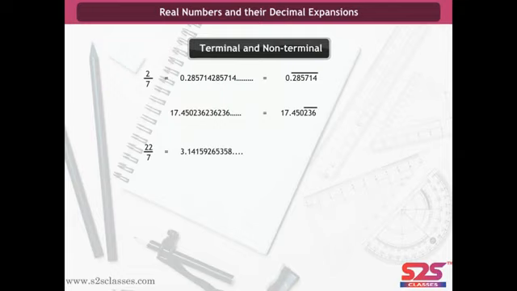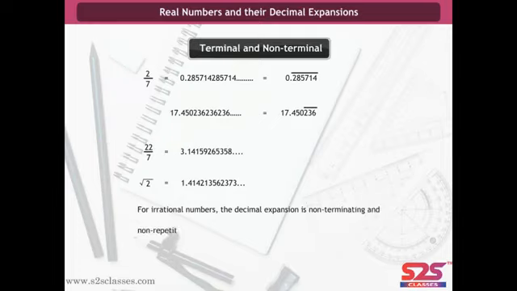In the same way, the decimal expansion of the square root of 2 is 1.414213562373 and so on, which is non-terminating and non-repetitive. For irrational numbers, the decimal expansion is non-terminating and non-repetitive.